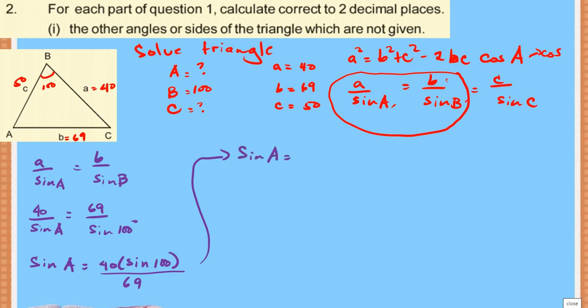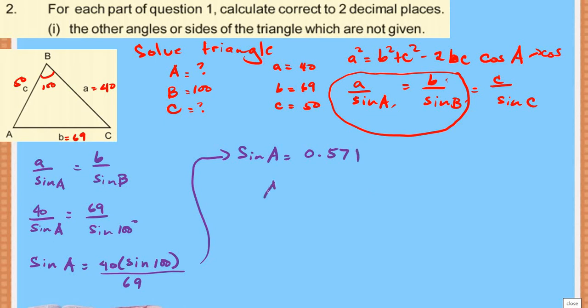Again, get your calculators. Be sure it is in degree mode. That is 40 times sine 100 divided by 69. So look at the answer in your calculator. That is 0.570, or 0.571, sorry.